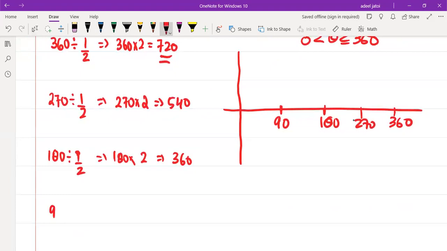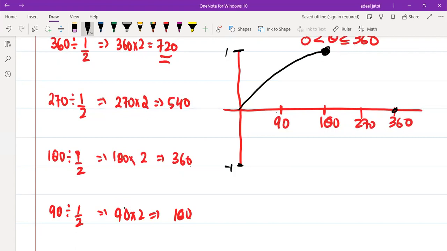Your 90 was left. 90 divided by 1 upon 2 will be what? 90 multiplied by 2, which is what? 180. Now you need to understand that your 90 maximum was shifted to what? Your 180 0 was now shifted to what?